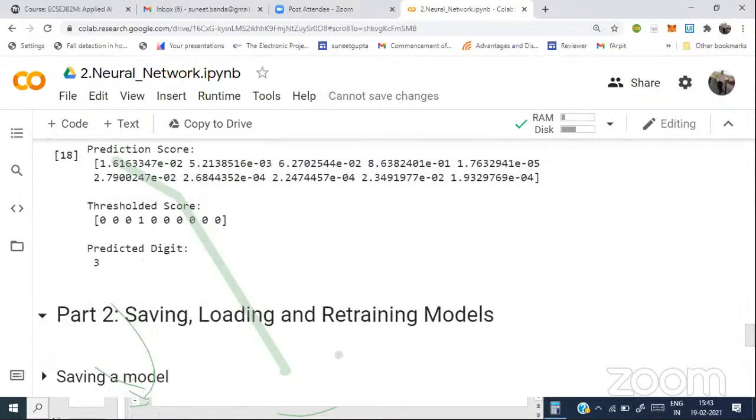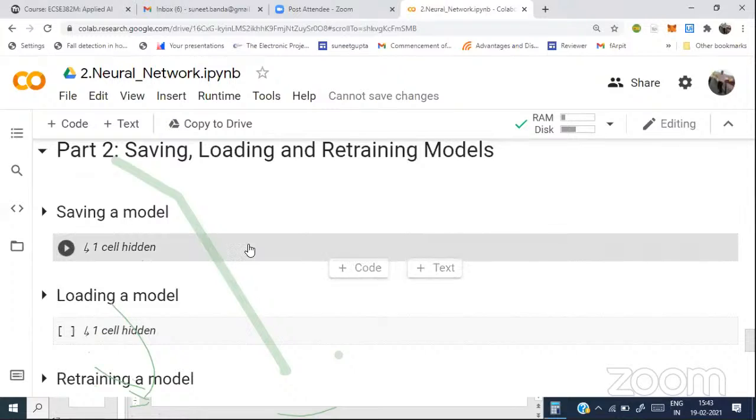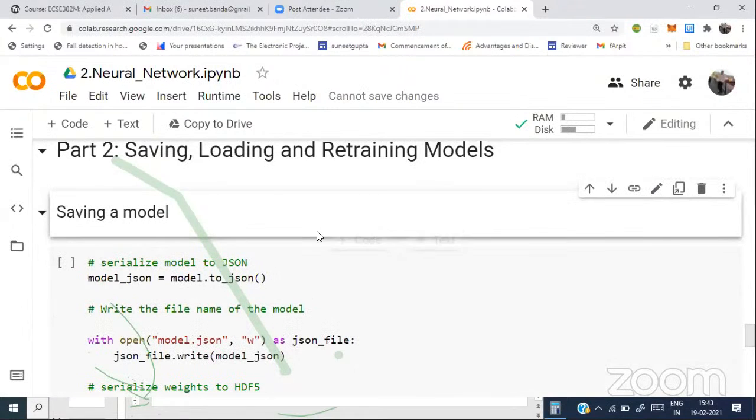No problem. So this is prediction. Now the next part is very much important. You can see: saving, loading, and retraining the models. So actually, let's say you build a model on your laptop or computer. Now you want to utilize that model on Raspberry Pi. In that case, you have to save the model.